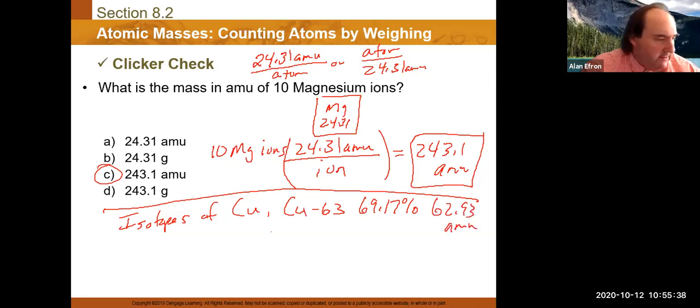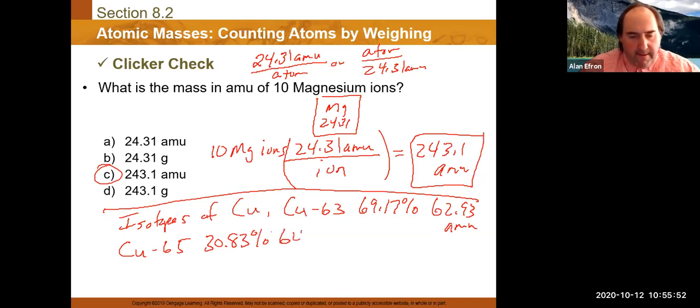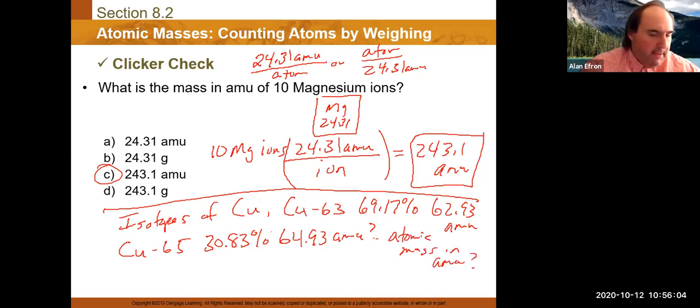And let's say the other isotope was copper 65, and it occurs about 30.83% of the time and has a mass of 64.93 AMU. Why don't you calculate what is the atomic mass in AMU? So see what you come up with on that there.